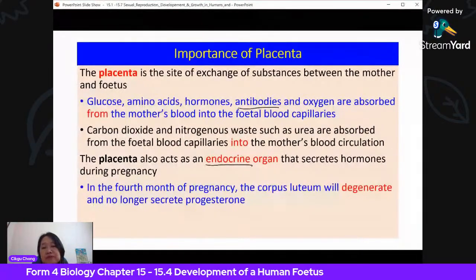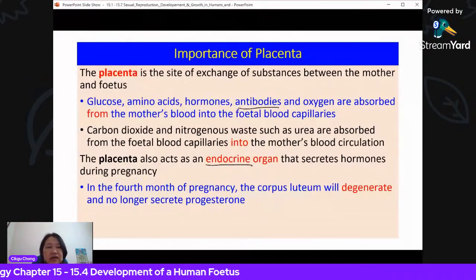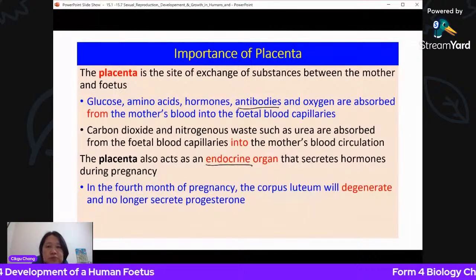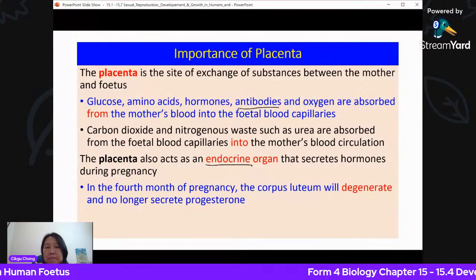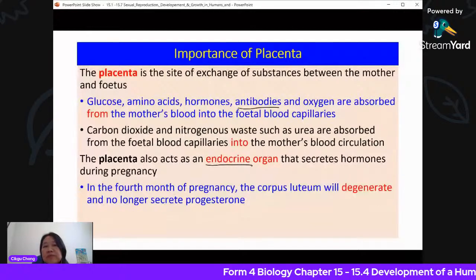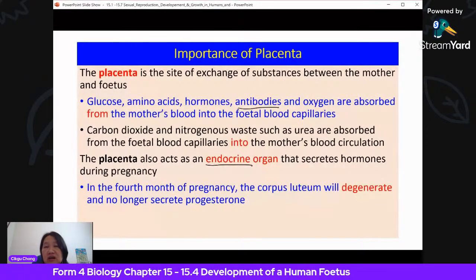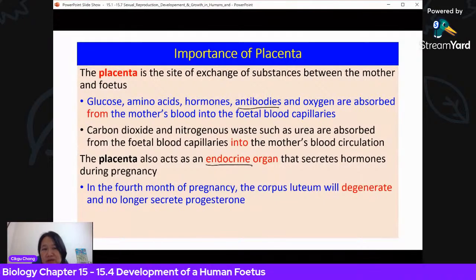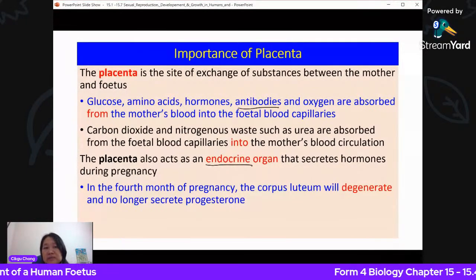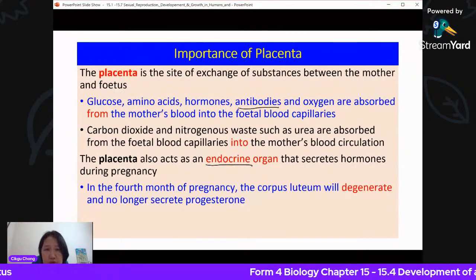Because before the 4th month, the placenta is not that mature yet to produce the progesterone. The progesterone will come from the tissue in the ovary called corpus luteum. So for the first 3 to 4 months of pregnancy, the progesterone comes from the corpus luteum.